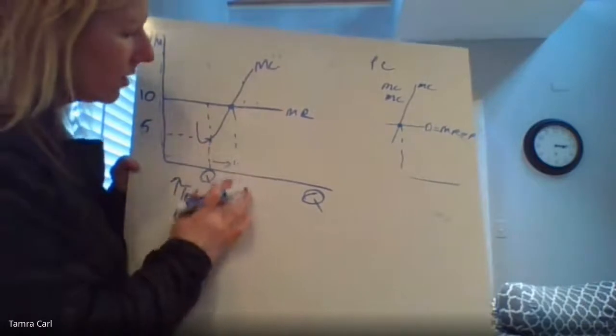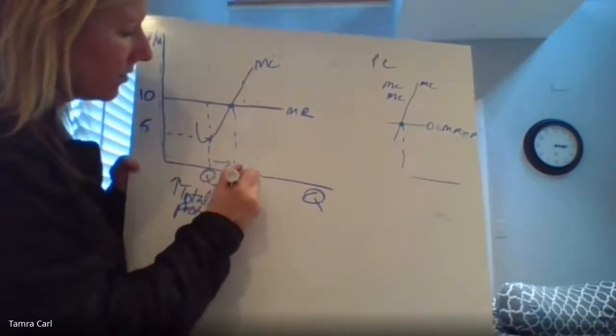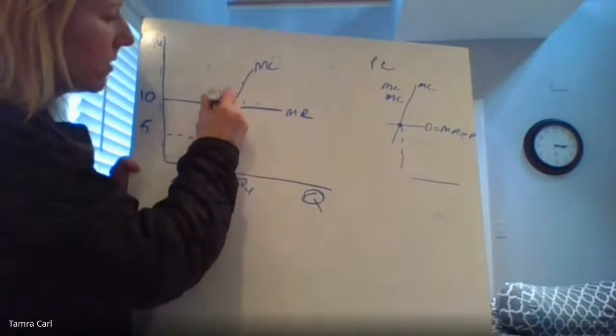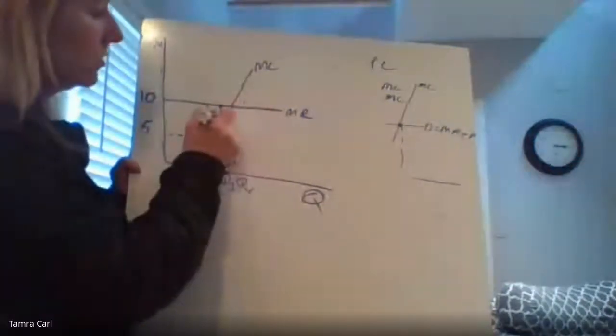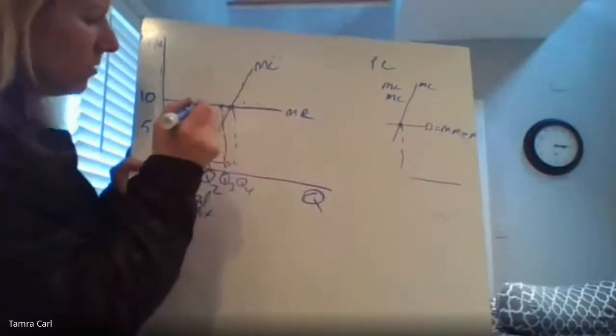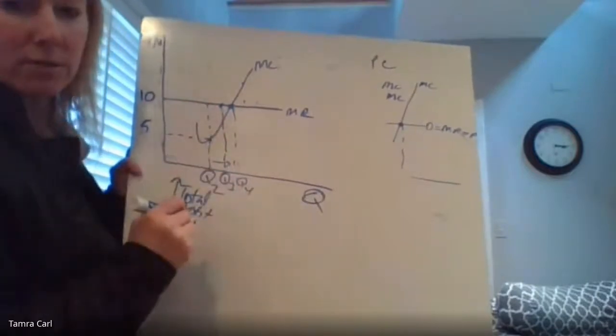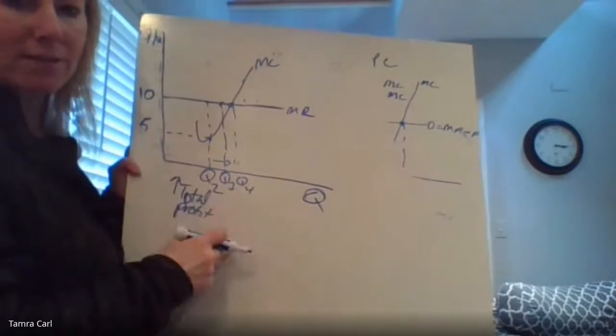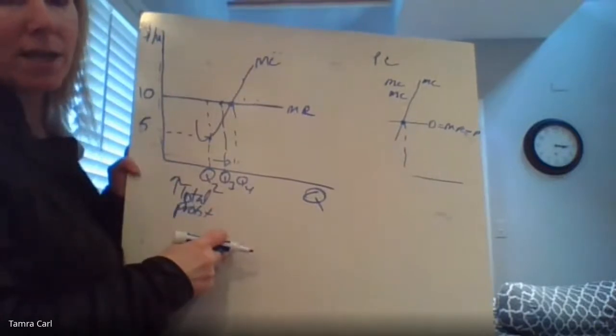But if I go here and I make this at quantity 3, and now my revenue is 10 and my marginal cost is 7, well, I just added another $3. So, okay, great, I made 5, but now I've made 8. I definitely would take $8 over $5.